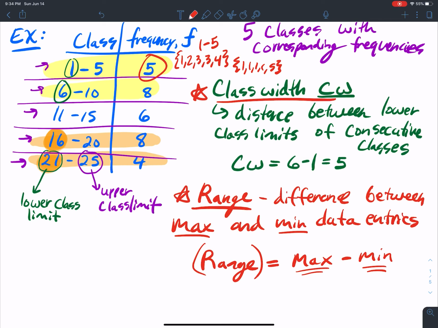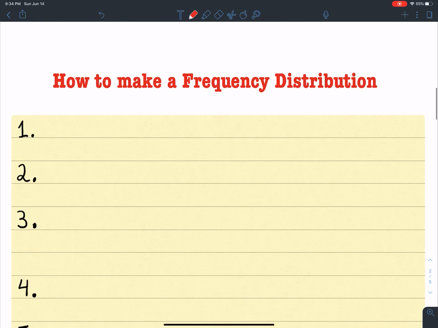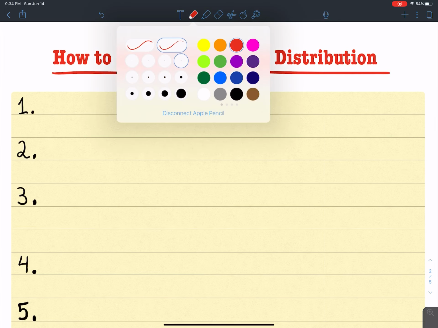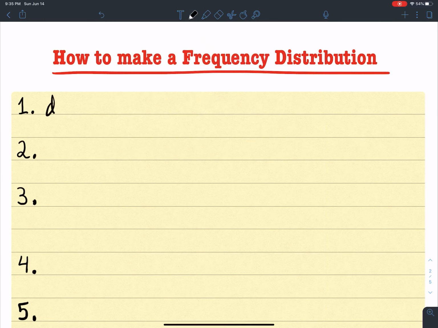Now, let's talk about how to make a frequency distribution, okay? So how do we make a frequency distribution? Number one, we're going to determine the number of classes.